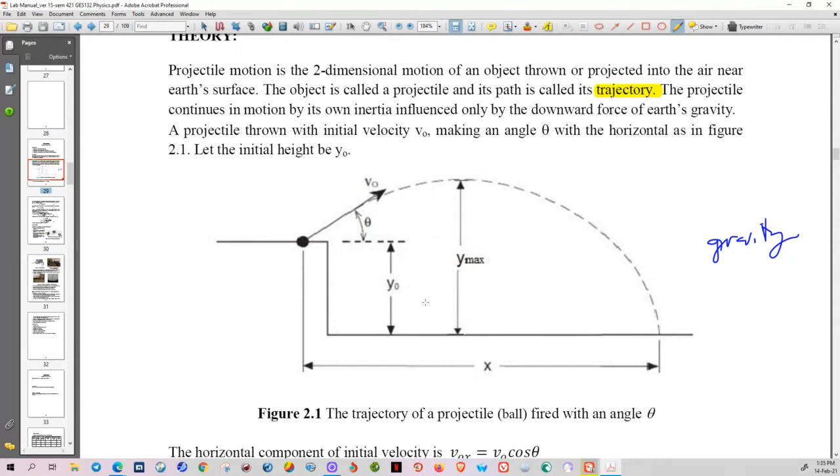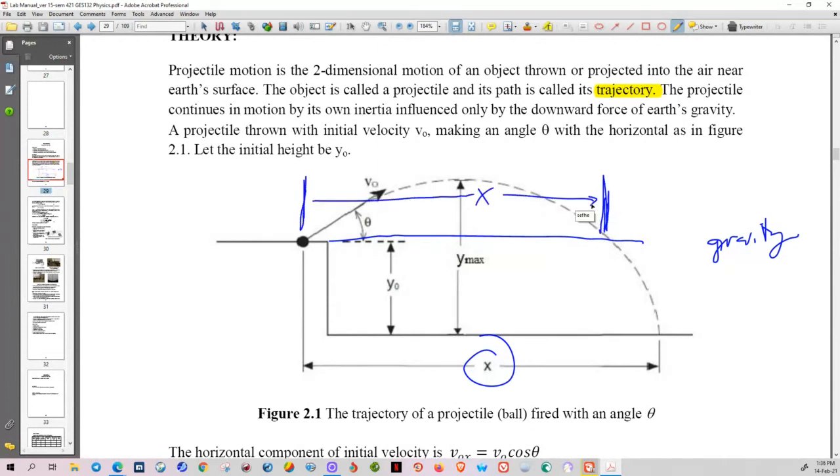X, on the other hand, here, that's what we call the maximum range, or the horizontal distance where the projectile will travel, okay? If you are throwing from the ground level, your maximum range will simply be from the source up to where the object will touch the ground.